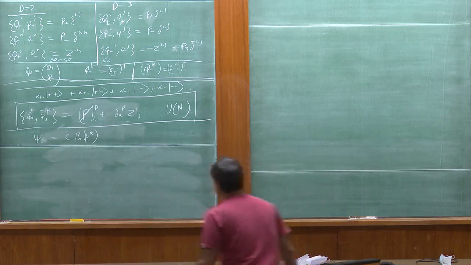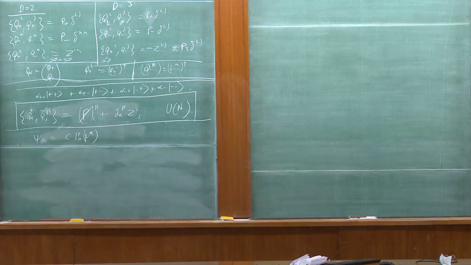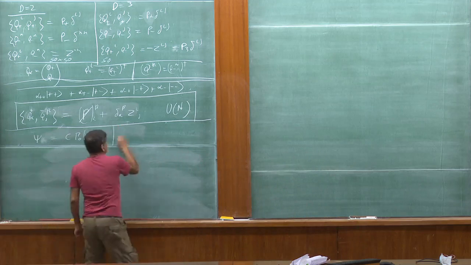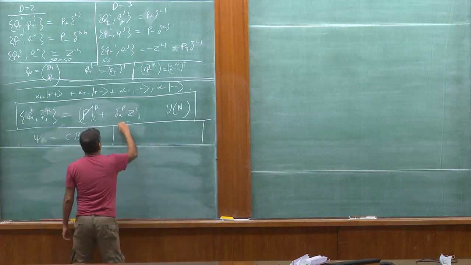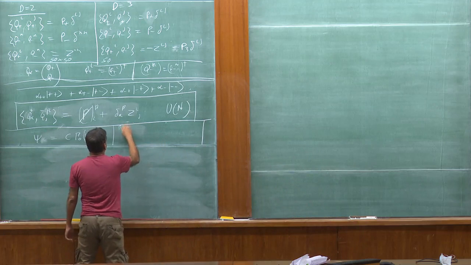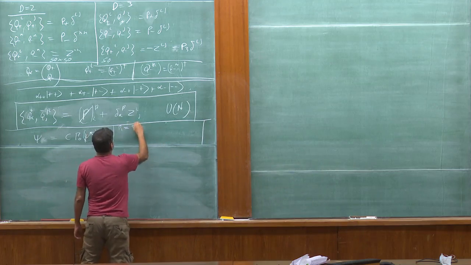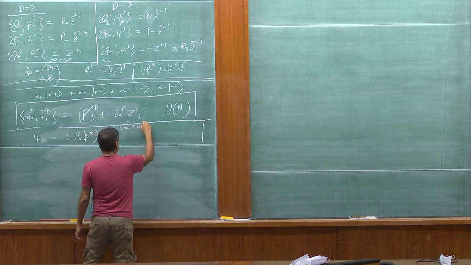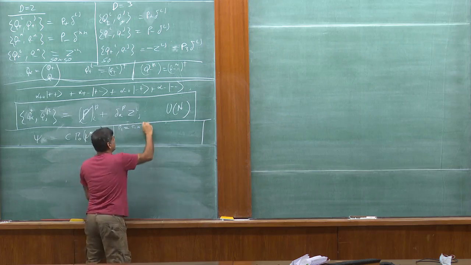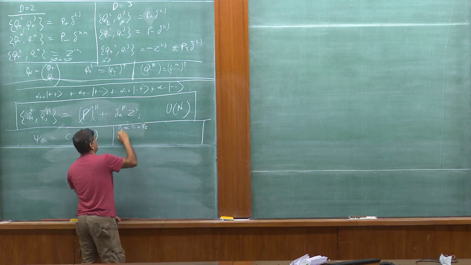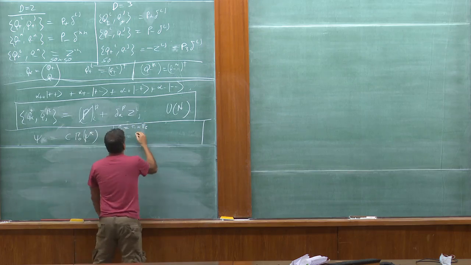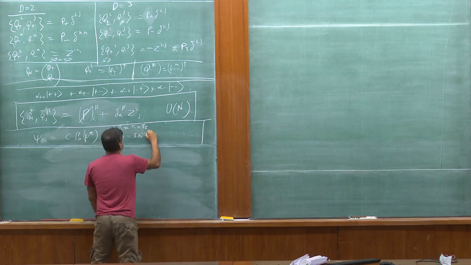Okay, let us remember that in this dimension, gamma 1 was equal to sigma 1 times identity. Did we start with sigma 1 times sigma 3, I think, right? And gamma 2 was equal to identity times sigma 1.